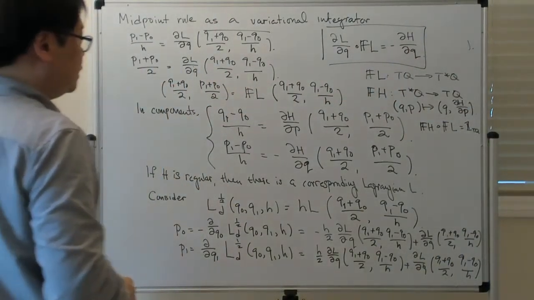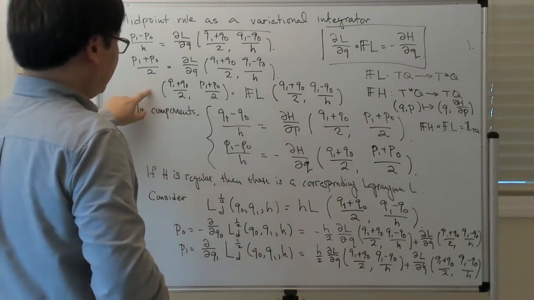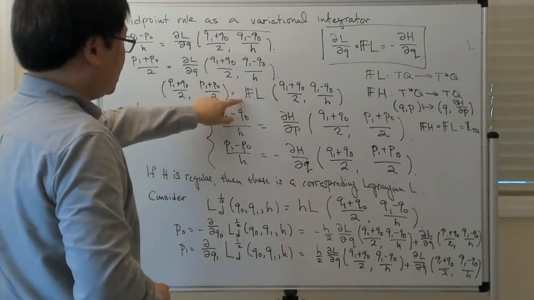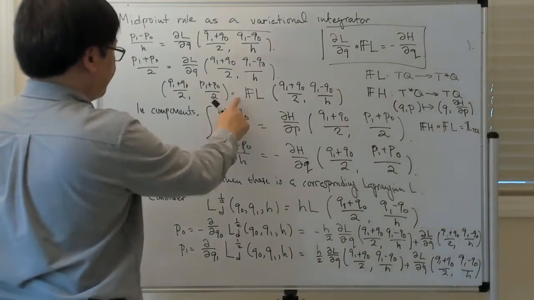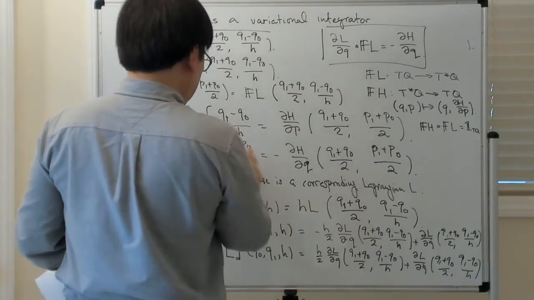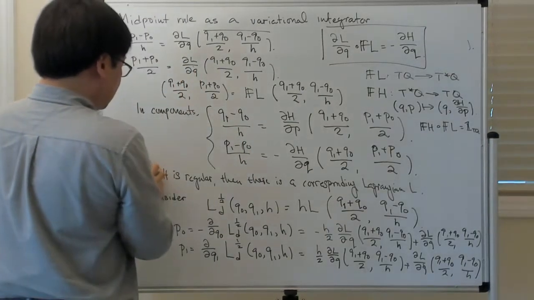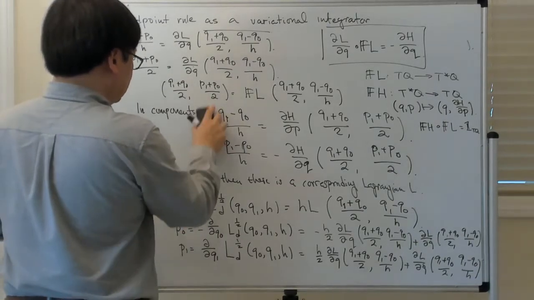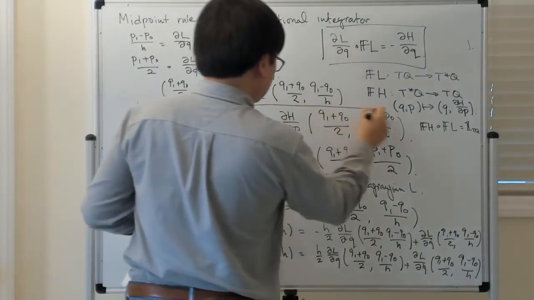All right, so what that means is that if I apply the discrete Hamiltonian map on both sides of this, okay, then I end up recovering this equation. Okay, so let's see that. So I'm going to just block this off, right?